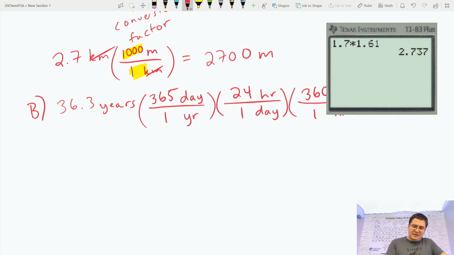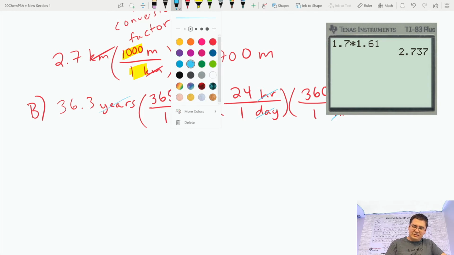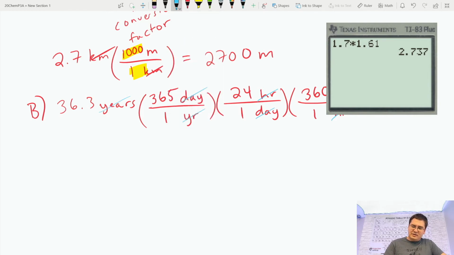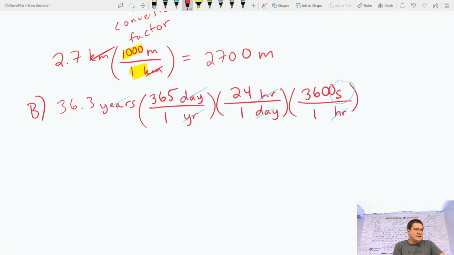So here's the cool part. Go to a different color. Years cancel, days cancel, hours cancel. The only thing that's left is seconds. So I'm going to take everything that's on top. And I'm sorry, I've got my calculator up. I'm going to take everything that's on top and multiply it.